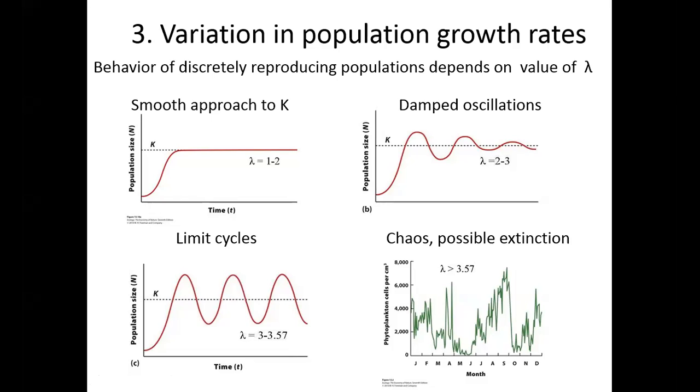However, this is not totally random. This is generated by plugging numbers into the geometric growth equation. So you get these huge overshoots, and then you plug those numbers into the population growth equation, and you get a huge crash. So this is deterministic.